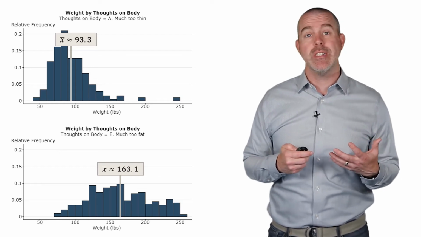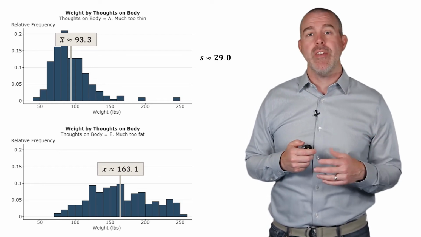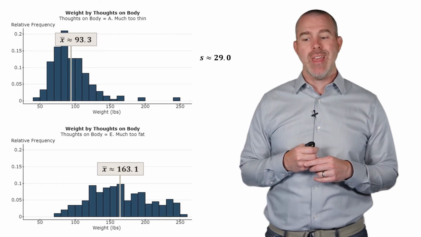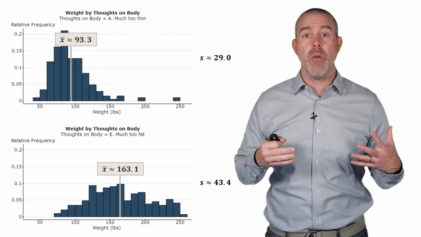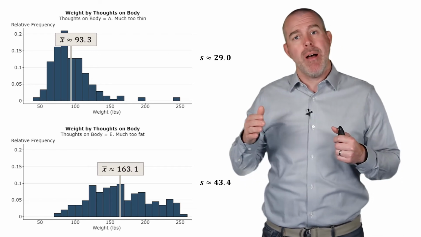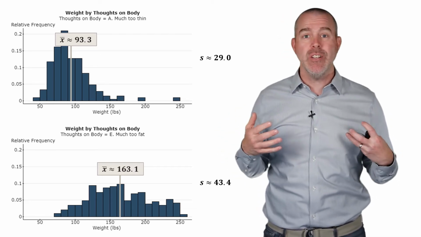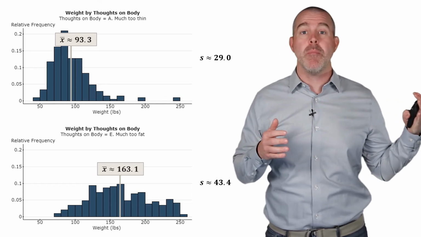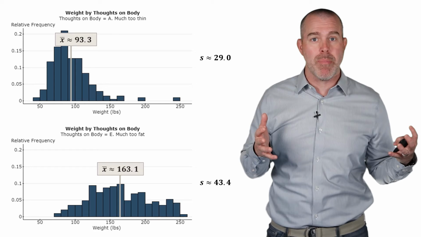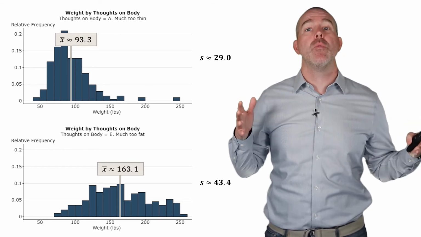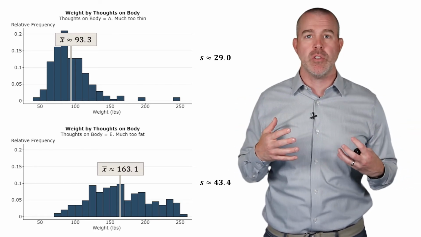There's also a difference in the spreads though. The standard deviation for those who are much too thin is 29 pounds, and for those who are much too fat, it's actually very wide. That's because there are some on the lower end that still feel they're much too fat, and then there are some at the very high end who are over 200 pounds, so there's a very wide range for those who feel that they are much too fat.